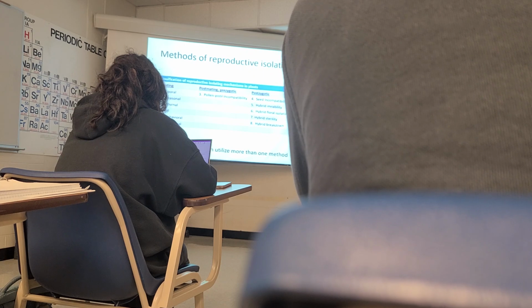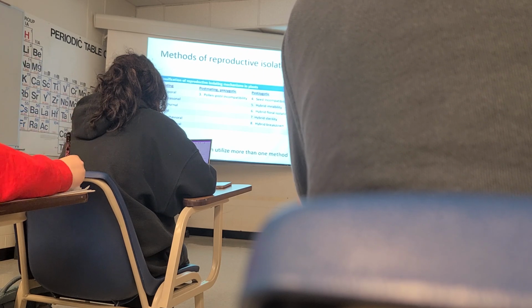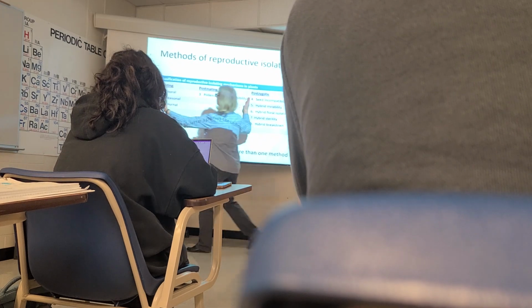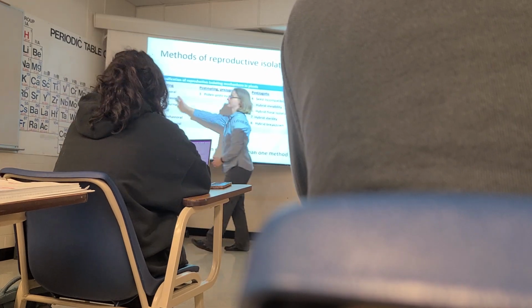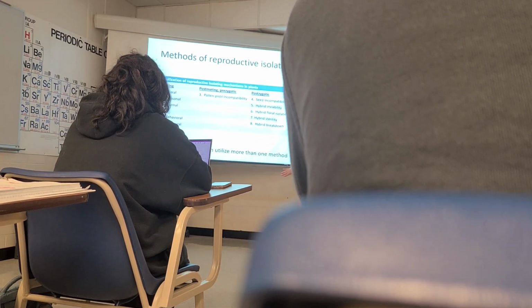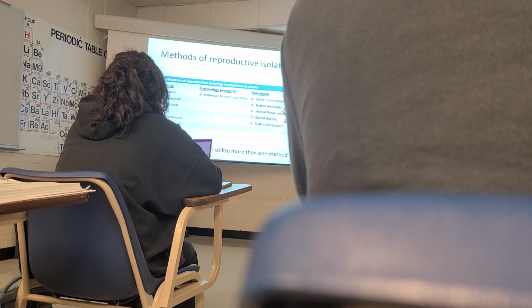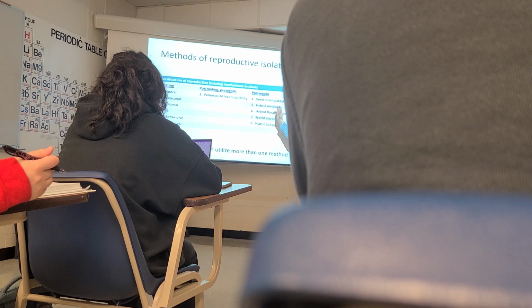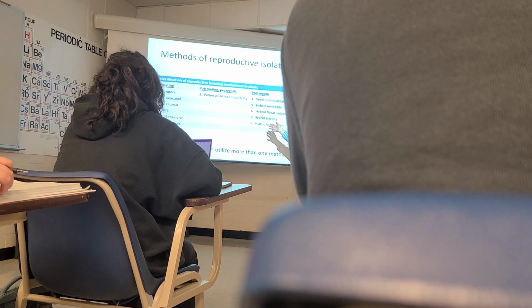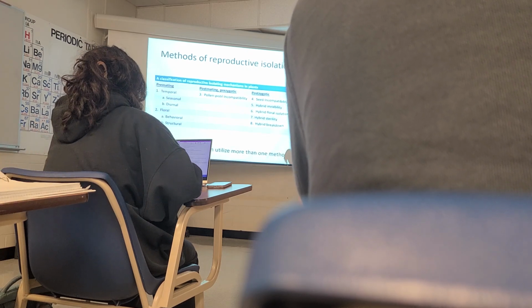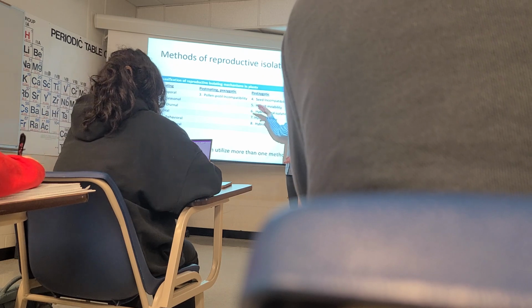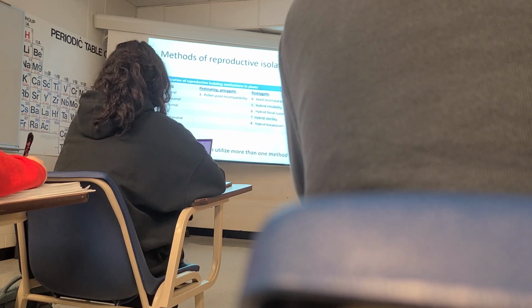So you still don't get your zygote. Both of these 2 categories right here are classified as pre-zygotic mechanisms because the zygote never actually forms. Okay? And then you have your post-zygotic, meaning that you get to the zygote, but something happens beyond that, either in the development or in the reproductive adult, with the adult being able to reproduce. So I've kind of broken them down into which categories they are.